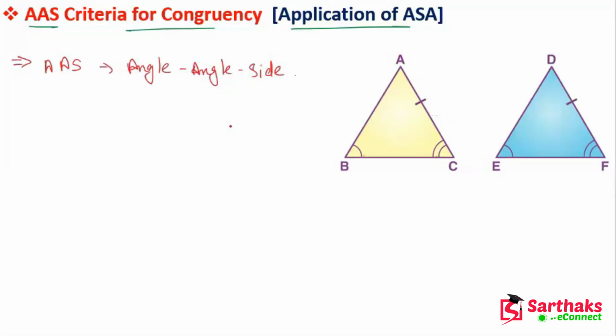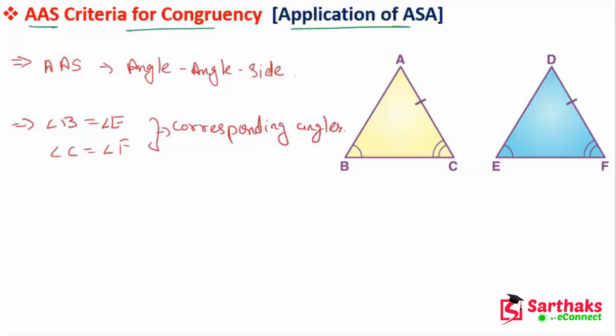So now the angle angle side rule can be proved in easy steps. How can we prove this? Suppose we have two triangles ABC and DEF. Angle B is equal to angle E, these are corresponding angles, and angle C is equal to angle F, they are corresponding angles, and AC is equal to DF.